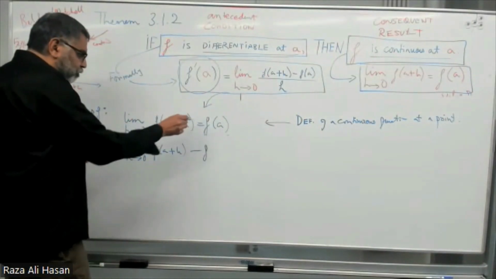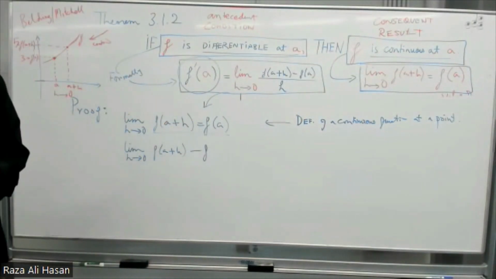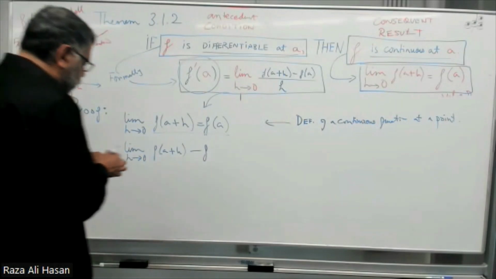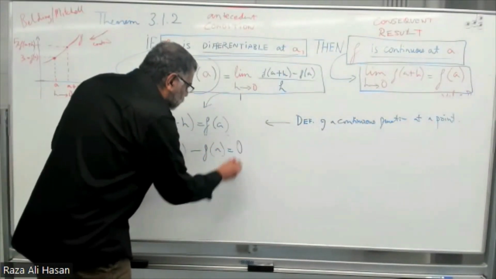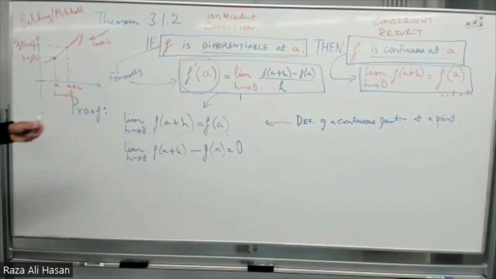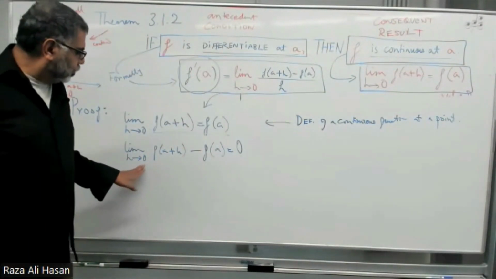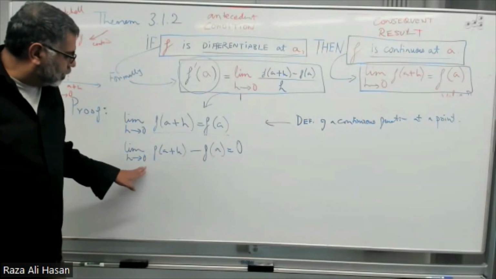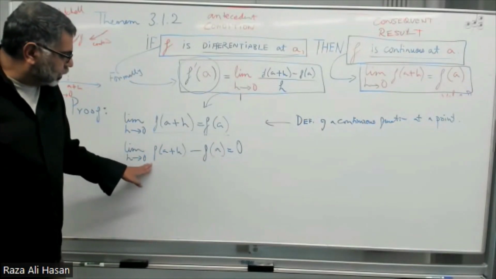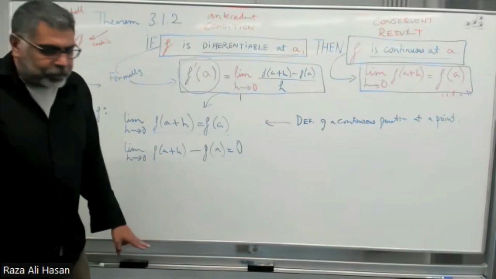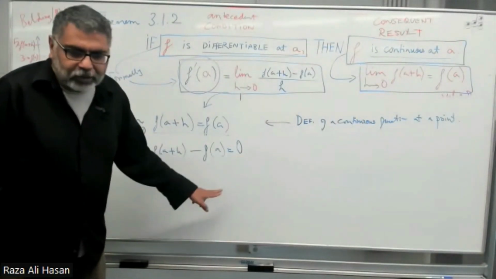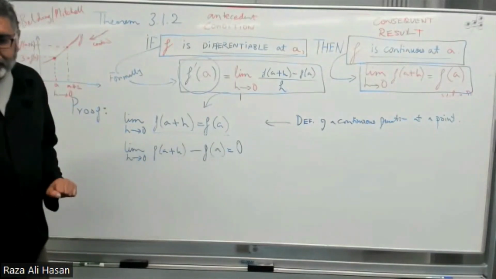Therefore, this function f is continuous. That makes sense. Okay, yeah, cool. So we do this. And what is this line saying? It's saying that if you take the limit of the function and subtract the value of the function at point A, you're going to get 0 because they are the same.